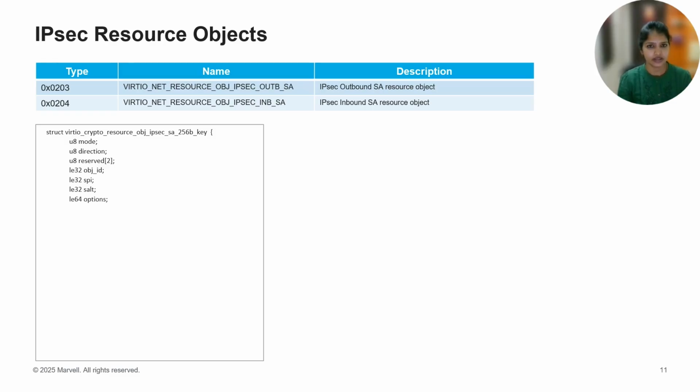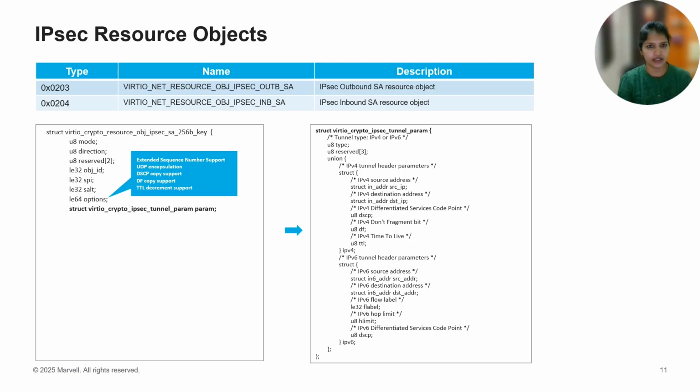Options: drivers can ask the device to apply these options for the packet. Options include extended sequence number support, UDP encapsulation, DSCP copy support, DF support, and TTL decrement support. Then there are tunnel header parameters and data specific to cipher and authentication. Both the driver and the device can use this SA object for managing the IPsec SAs.